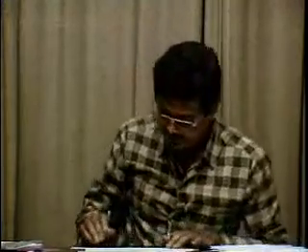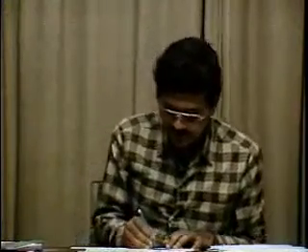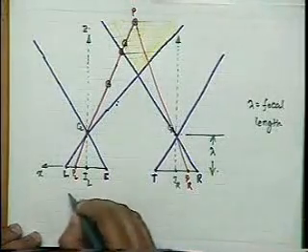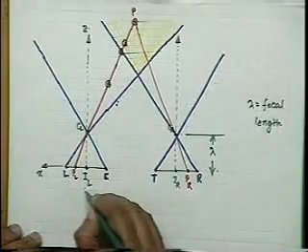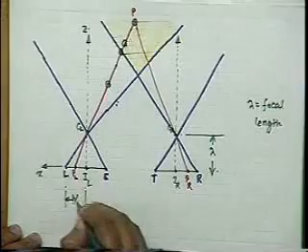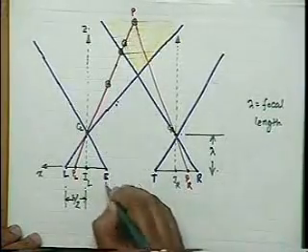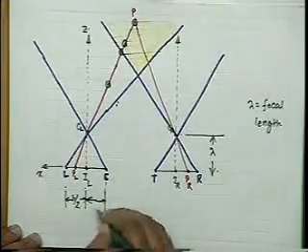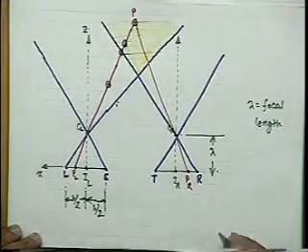Now let us say that both these photographic plates have a width of h, so that from this point to this point I have a width equal to h by 2. So this is h by 2. This distance is also equal to h by 2.